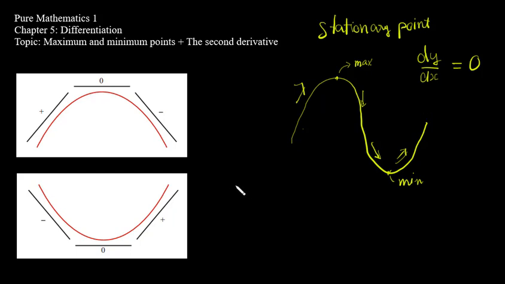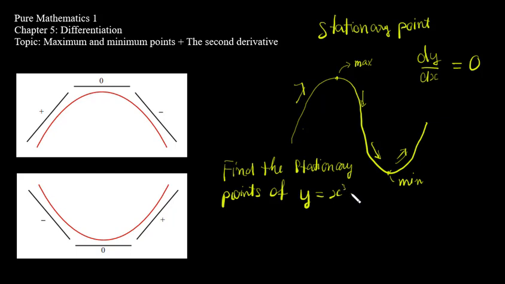And now I have an example. Find the stationary points of y equals x cubed minus 3x plus 5. First of all, we need to find dy over dx, which equals 3x squared minus 3.